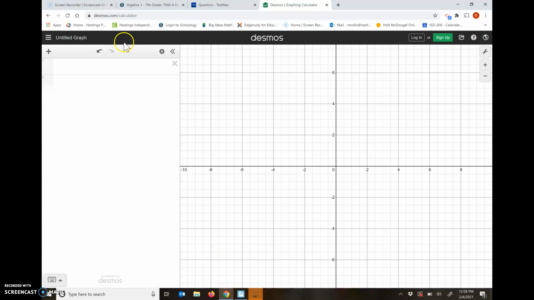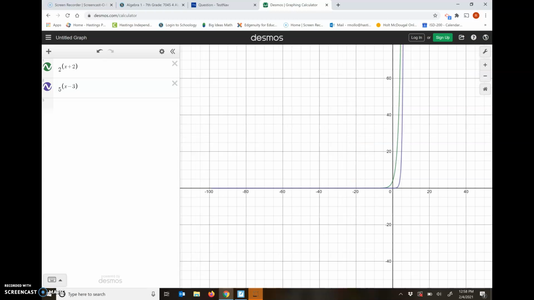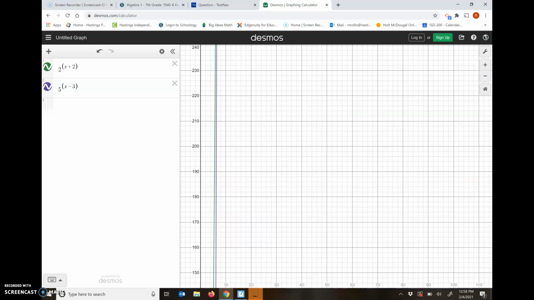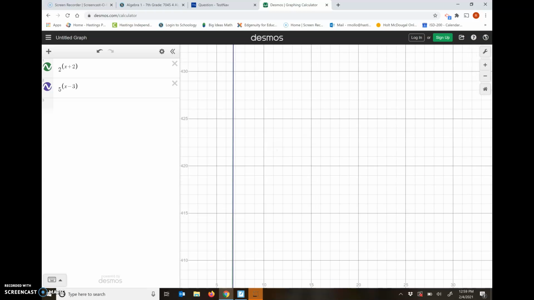So I have 2 raised to the x plus 2 power and 5 raised to the x minus 3 power. Ooh, this one might take us a while to find. Alright, hang on, let me zoom. Oh, yeah, this one is going to take us a while to find.